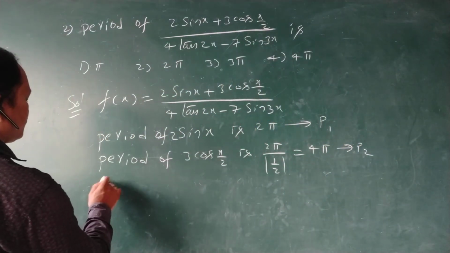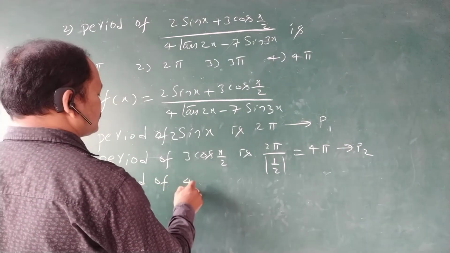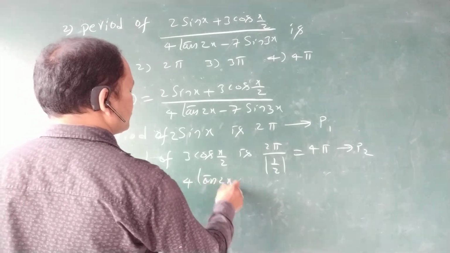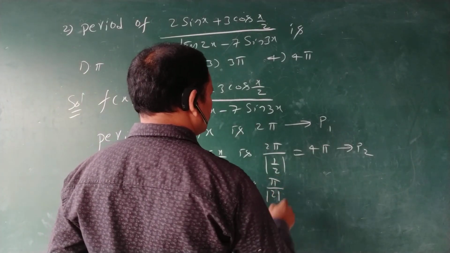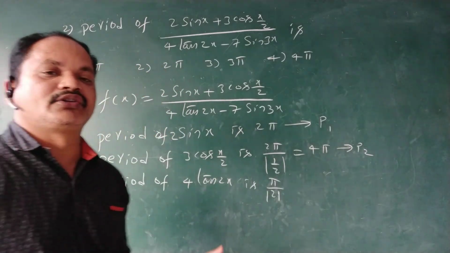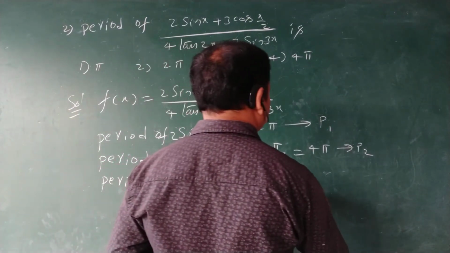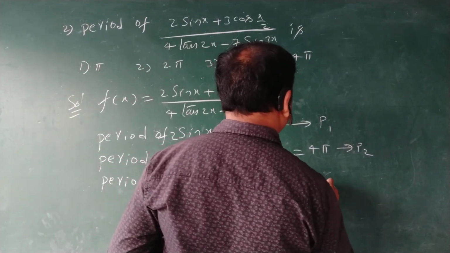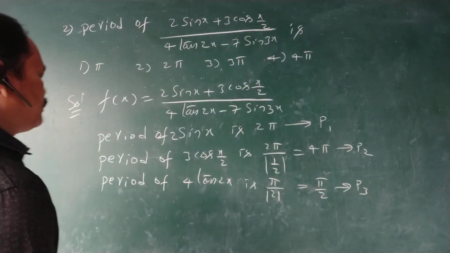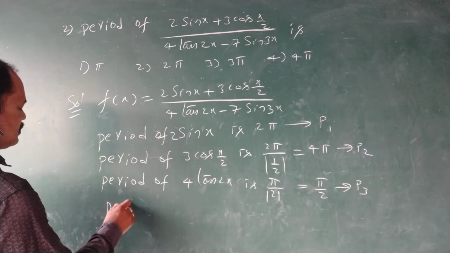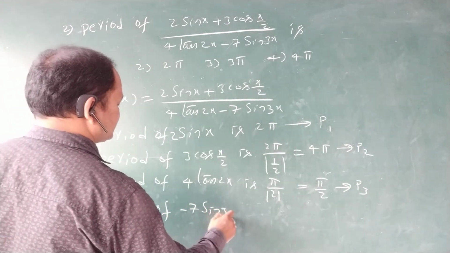Now the period of 4 tan 2x is pi by mod 2. That means according to the period of tan ax, which is pi by mod a, from this it is pi by 2. That's why this is taken as P3. Now the period of minus 7 sin 3x.